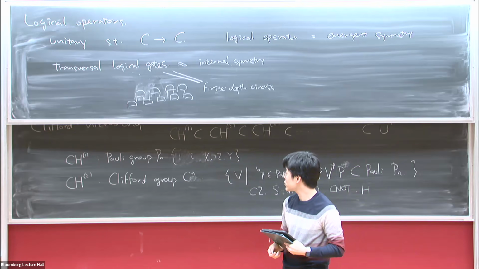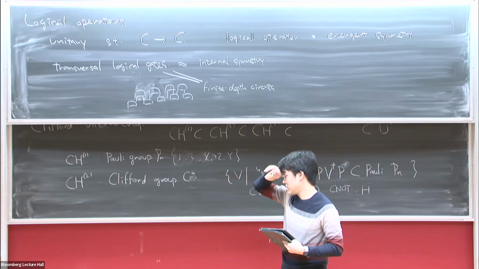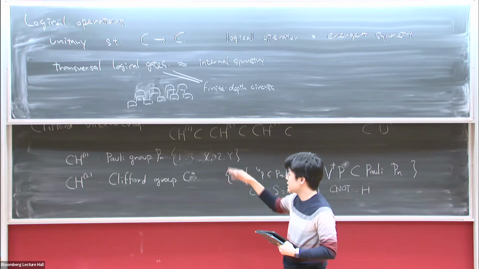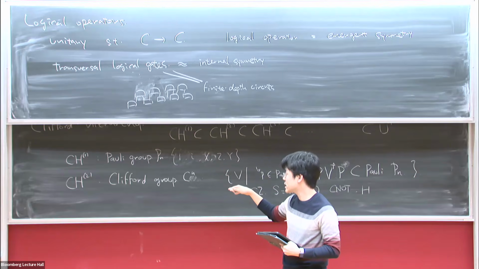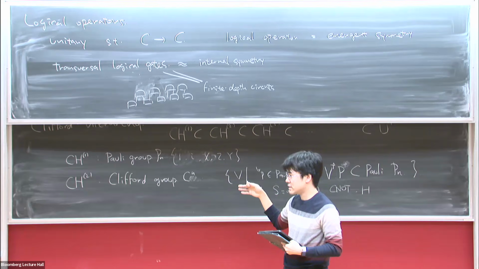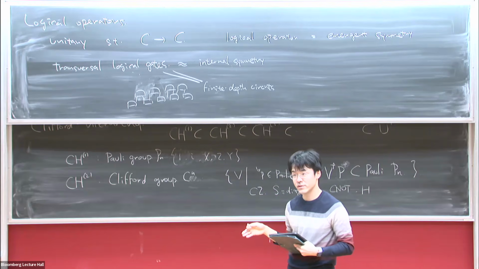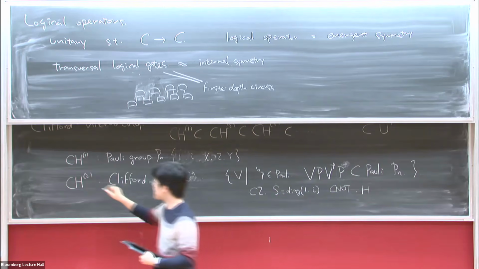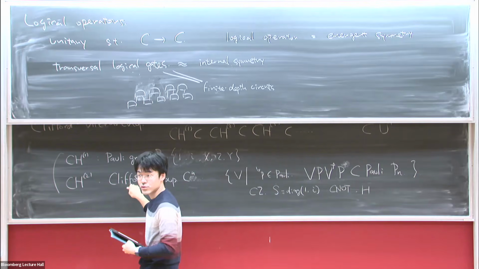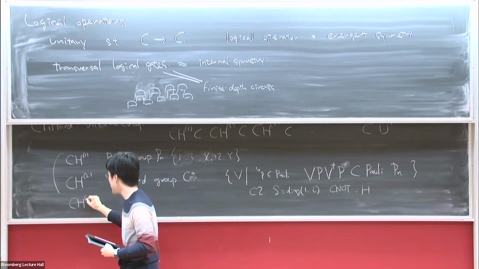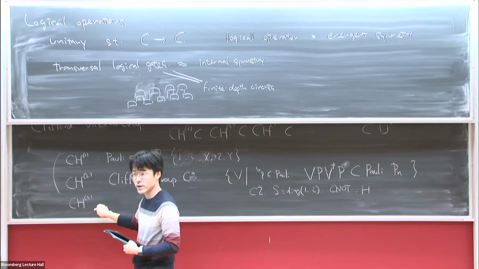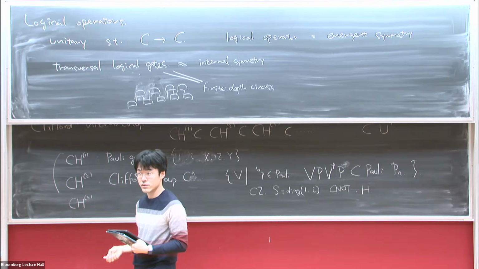Well, what kind of intuition do you want? One motivation to define the Clifford hierarchy is that it's easy to characterize the necessary condition for a universal gate set. Within these Clifford groups, you can never do universal quantum computation with the Clifford gates, and we always need some higher hierarchy of non-Clifford gates in order to do universal quantum computation.